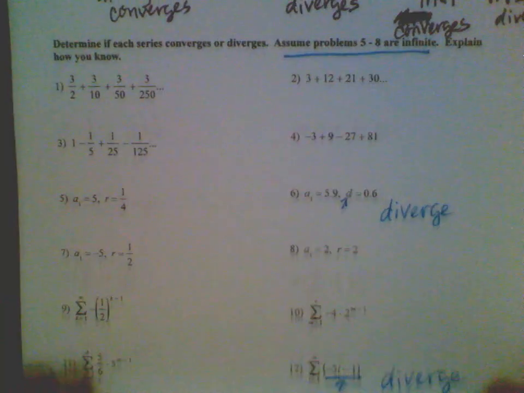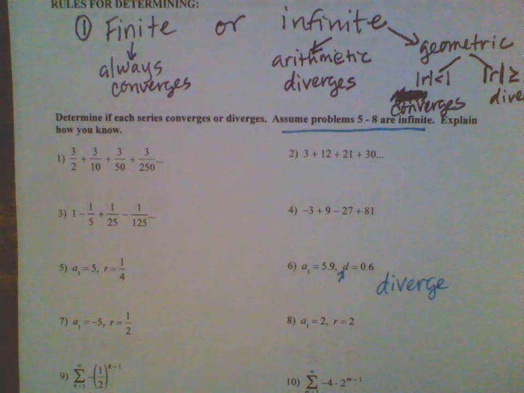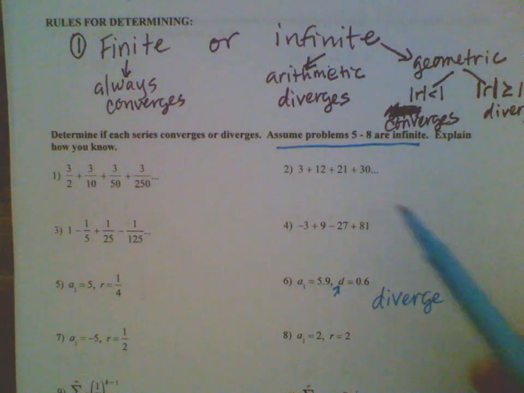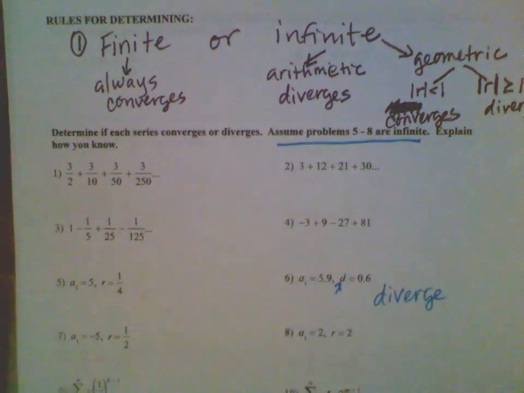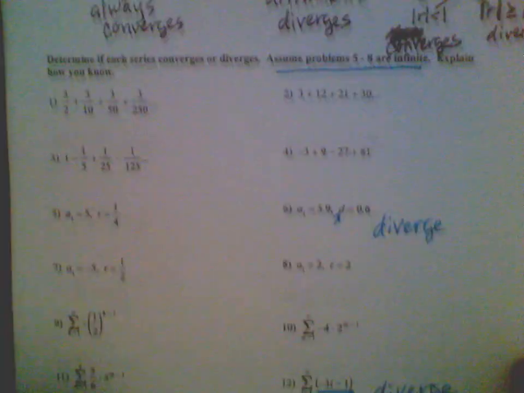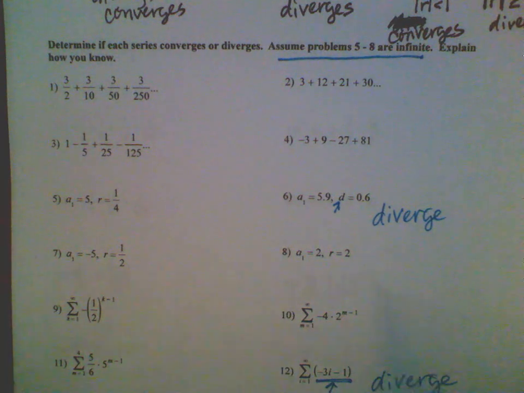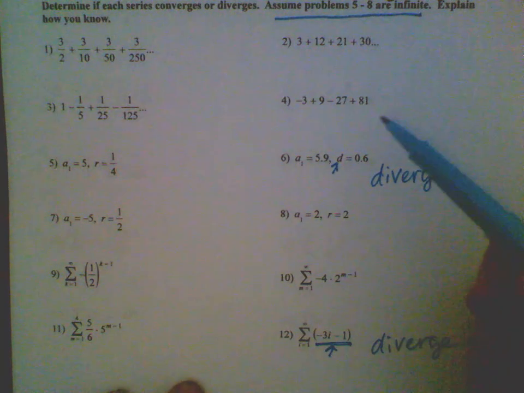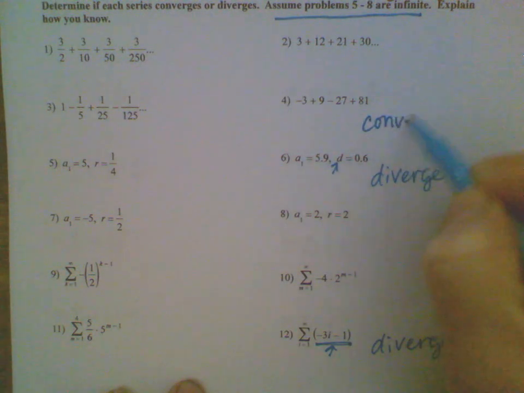So let's look at some other things. There might be more arithmetic in here, but these were the two that stood out right away. Another thing that stands out is the ones that are finite. Finite series are always going to converge. Finite means it ends, so are there any series listed on this page that end? Well, 4 is a finite series, and therefore I know that it converges.